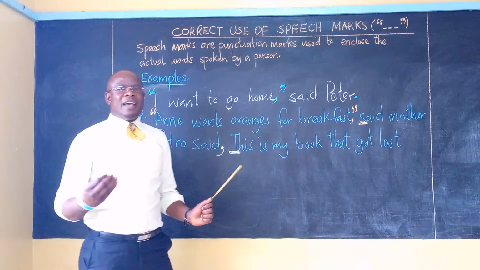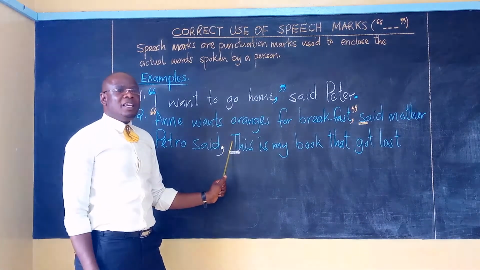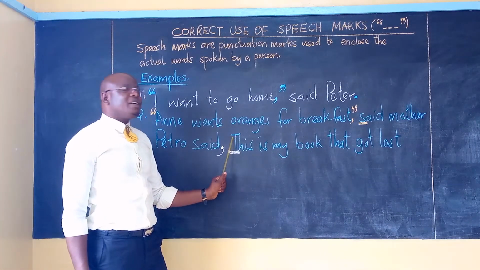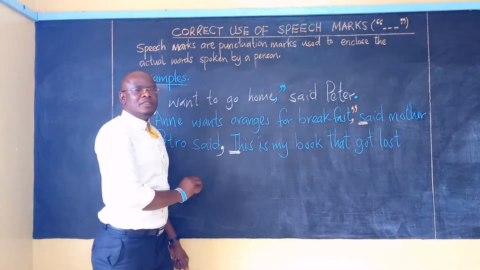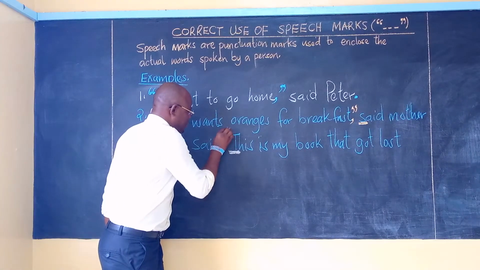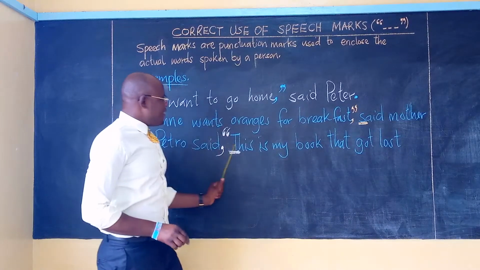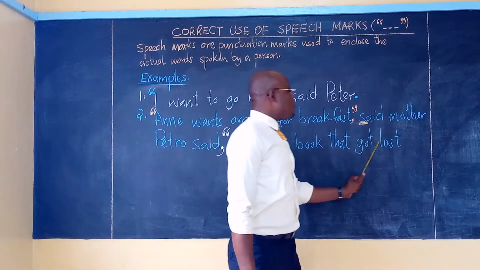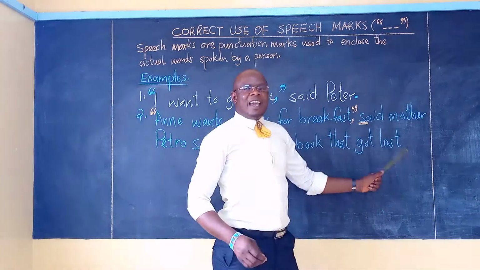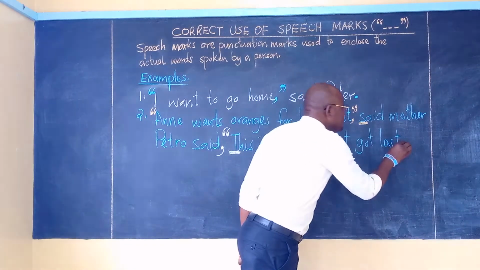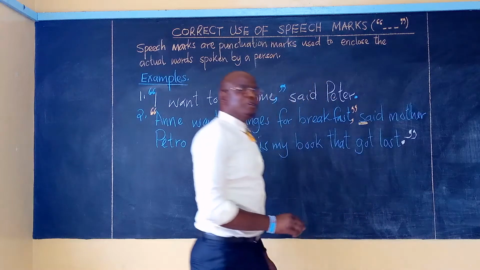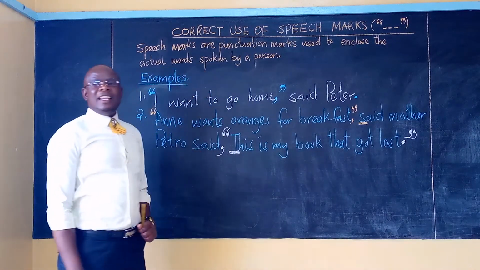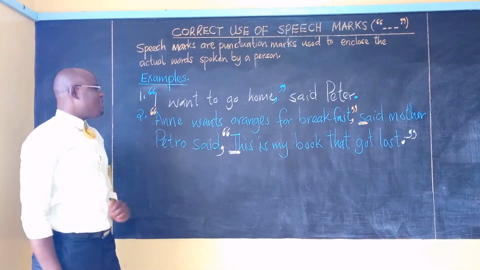When you are now introducing the actual words, you must begin with a capital letter. You put your opening speech marks. This is my book that got lost. And because this is the end of the statement, you put a full stop and end with the closing speech marks. That's exactly how you are supposed to punctuate these sentences.